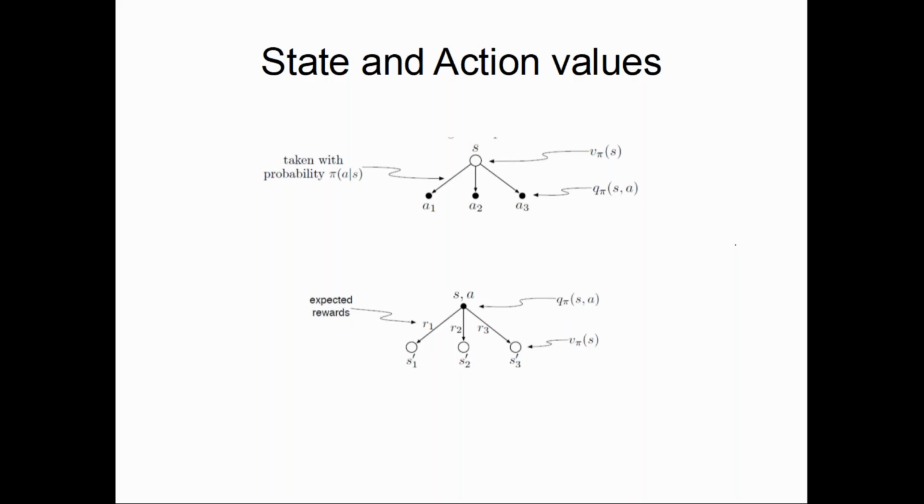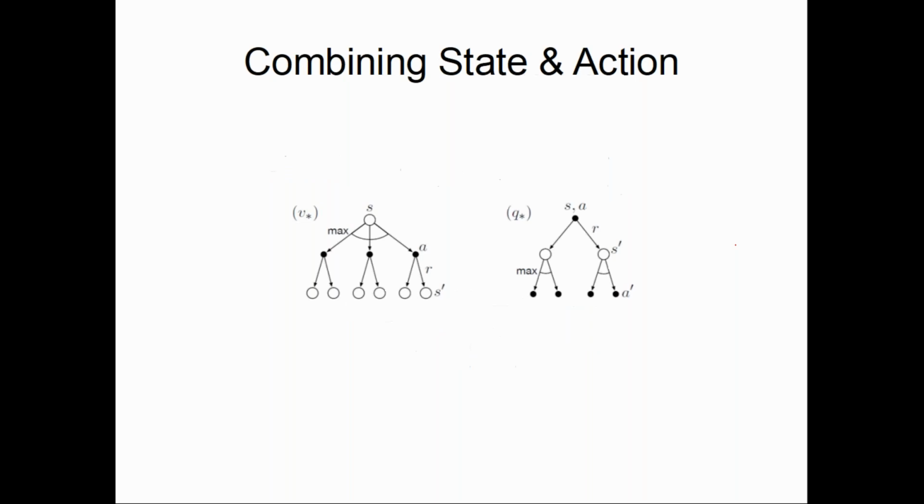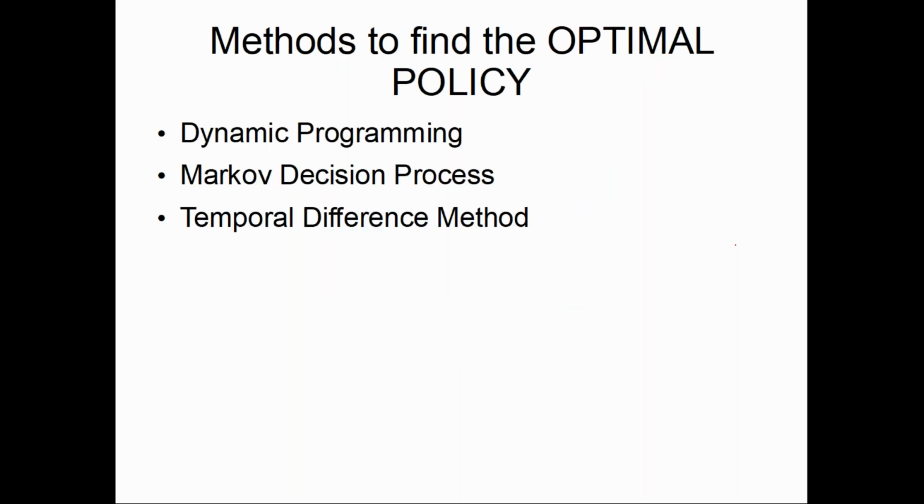Rewards are received on taking an action, not from state to action, but from action to the next state. Then we combined states and actions, which was a prerequisite for thinking about what method to use. These are the three methods to find the optimal policy: dynamic programming, Monte Carlo, and temporal difference.